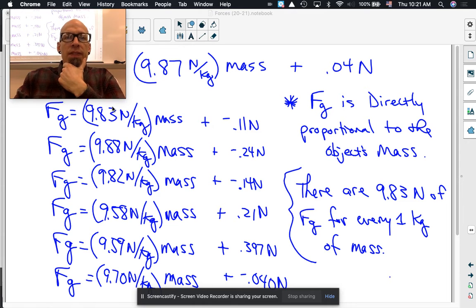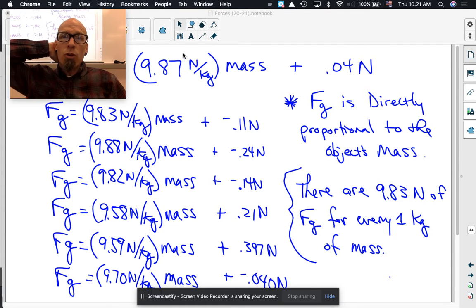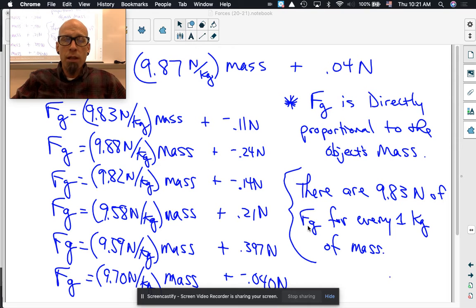This says that there are 9.83 newtons of gravity force for every, again, that's what the slash means. If we don't have the unit of measure on the slope, then the slope doesn't tell us what it means. The units of measure on the number tell us what that value means. And it means that there are 9.83 newtons of force of gravity for every 1 kilogram of mass.